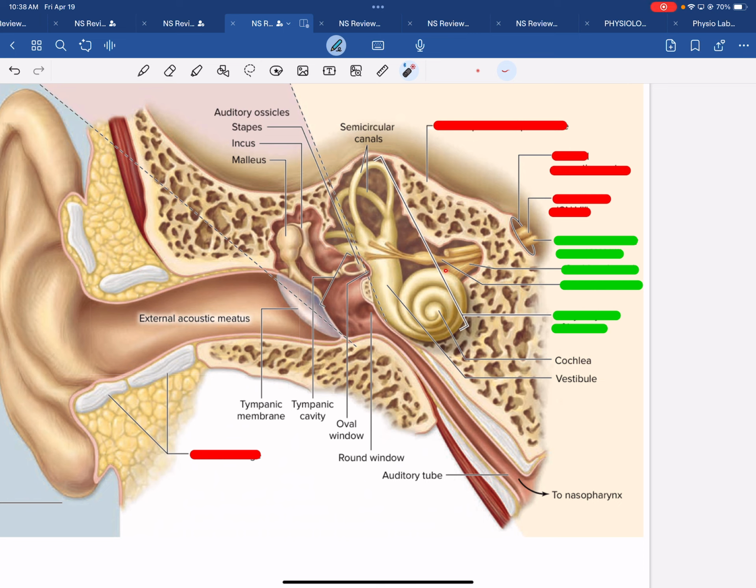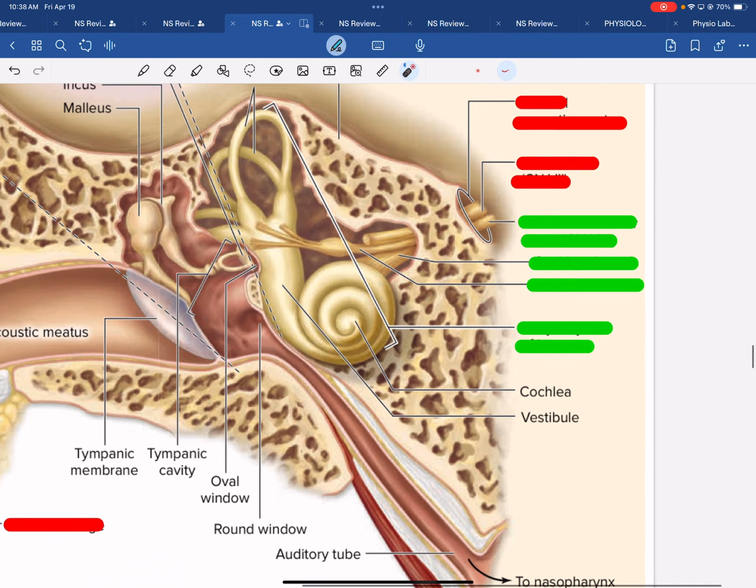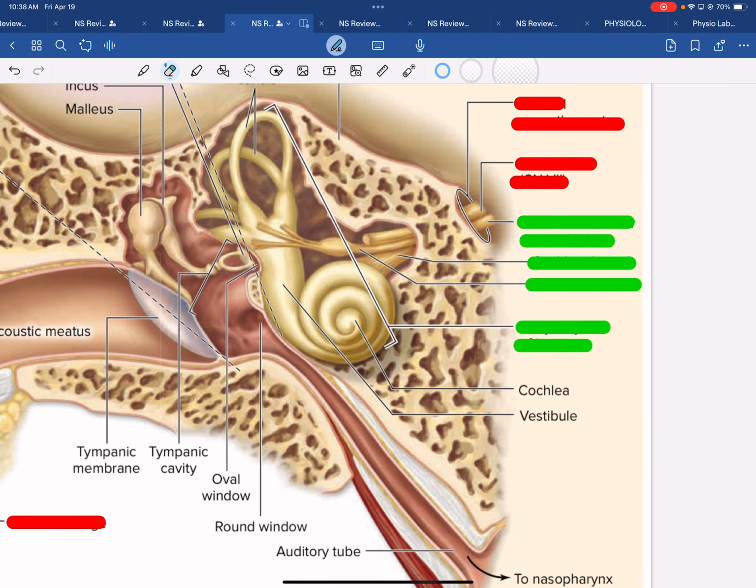Which nerve is this one? Right, so this one is specifically the cochlear branch. What about this one? Good, the vestibular branch. And then both of those make which nerve? Good, the vestibulocochlear nerve, the 8th cranial nerve.